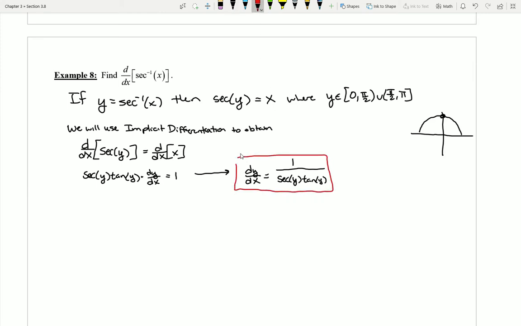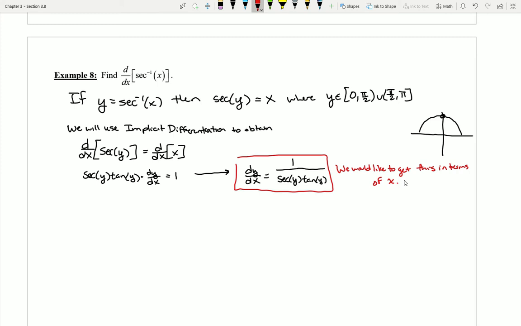That's great. But much like we said in the last video, we would like to get this derivative in terms of x.